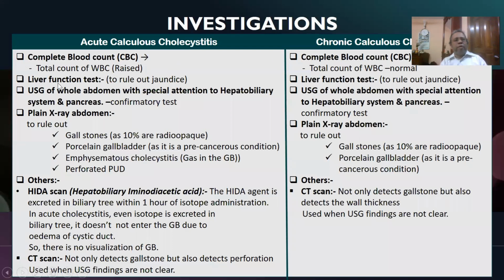What about the liver function test? It is an important thing. Because the structures of the gallbladder are related with the liver, very close to each other, the liver function must be evaluated. Some complications of the gallstone may alter the liver functions, or the patient may have a presentation due to liver disease, not cholecystitis.